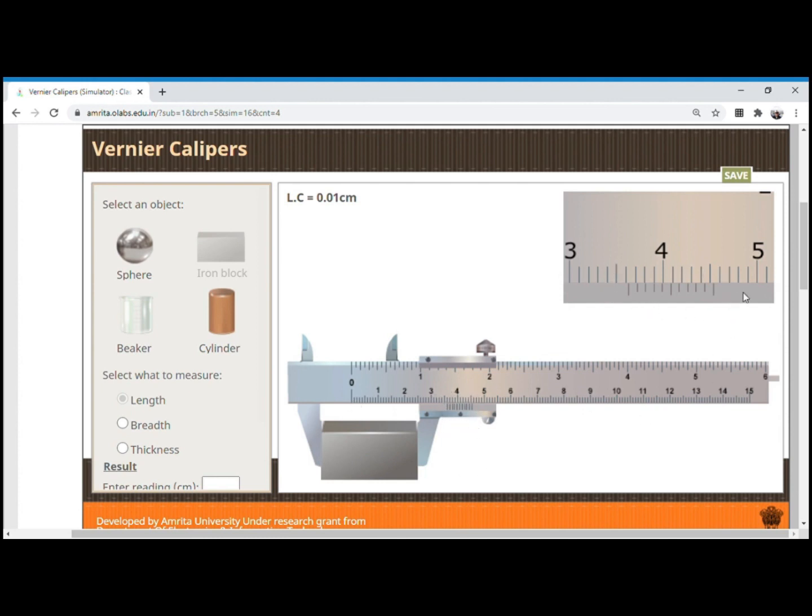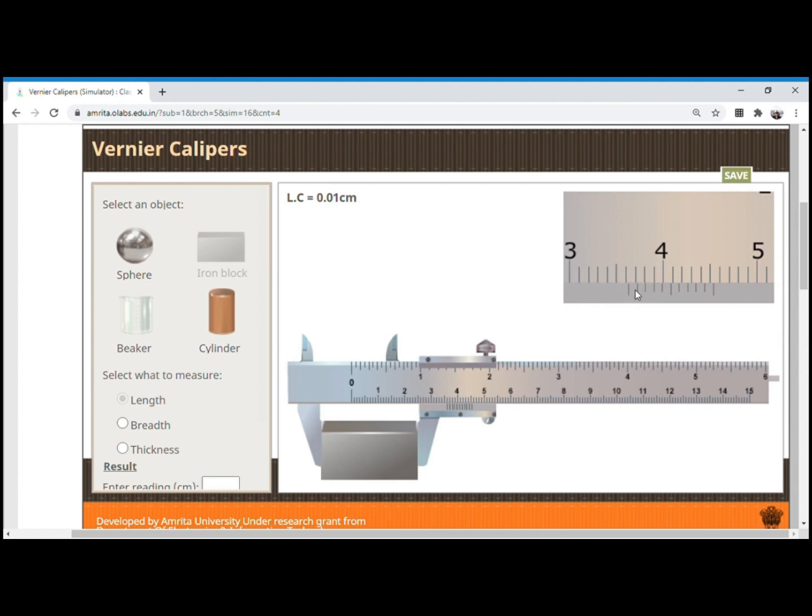Here, the zero of the nonius scale shows 3 cm in the main scale, but greater than that, 1, 2, 3, 4, 5, 6. So the result is 3 cm and 6 mm.